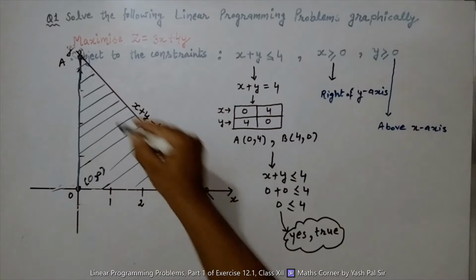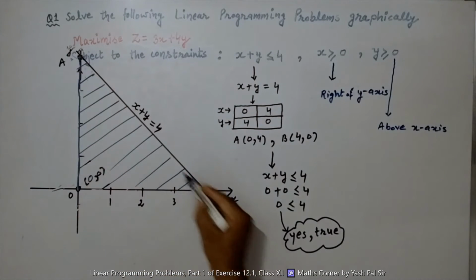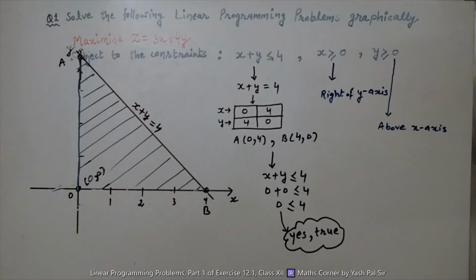So this way, this is the shaded portion, the bounded area. Now in this question we do one more thing. We find the corner points.